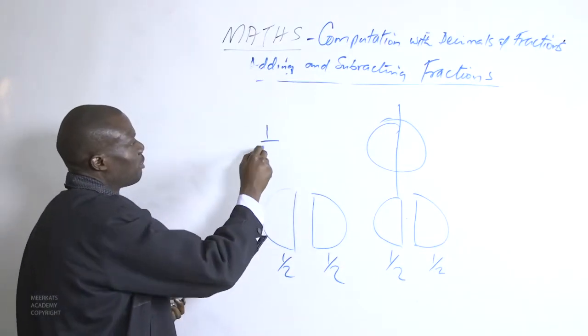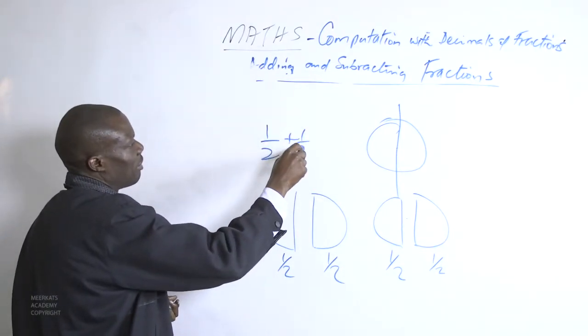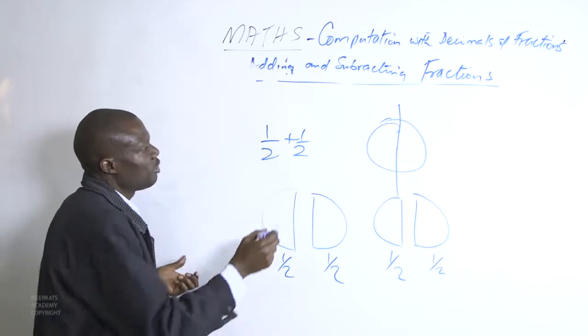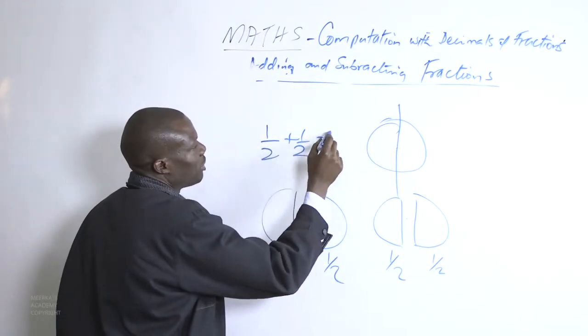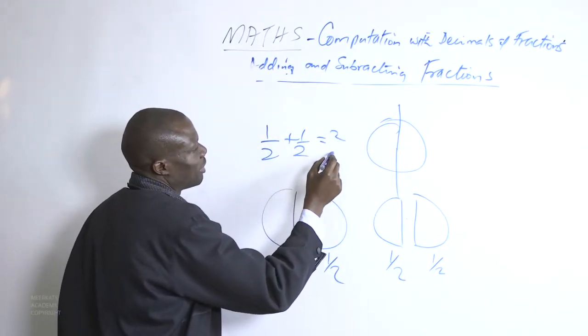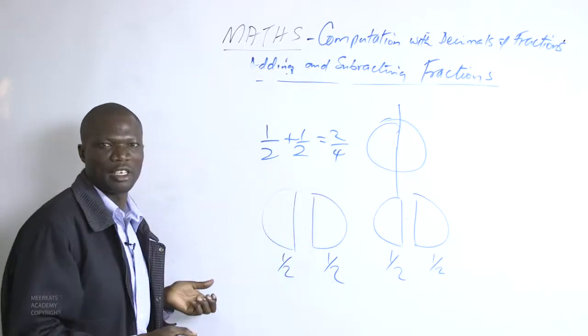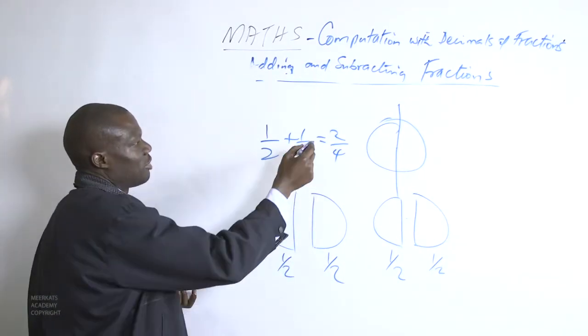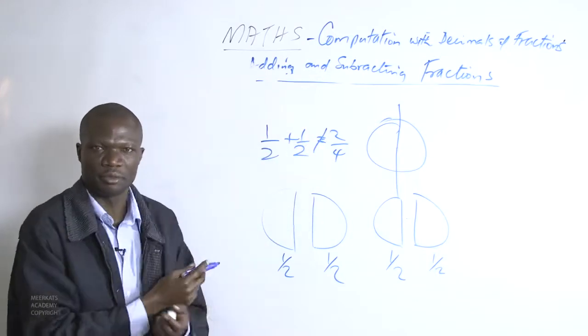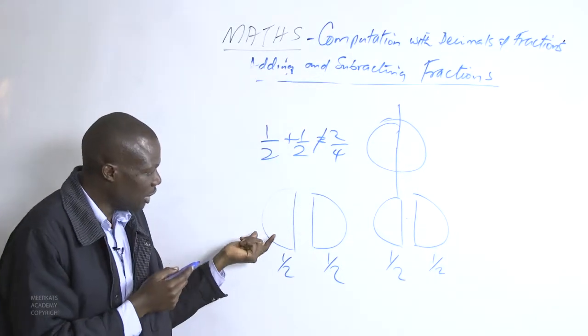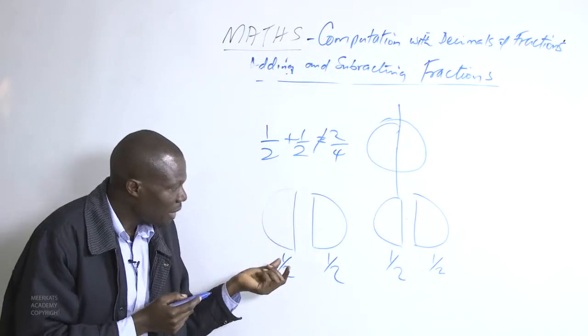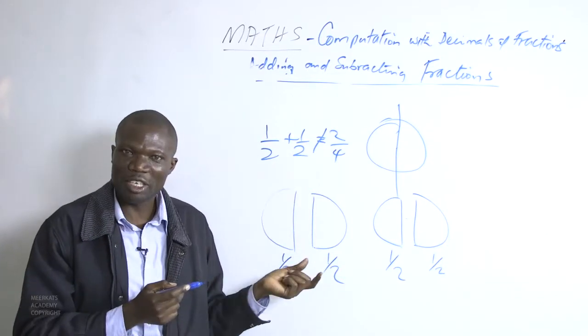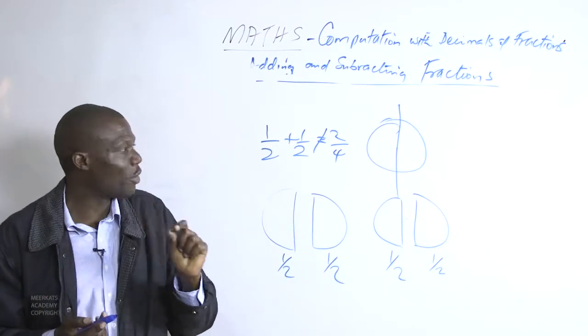It will be a half plus a half. If you add and say this is 1 plus 1 is 2 and 2 plus 2 is 4, this one will be wrong. Why? Because we have seen that a half of one fruit added to a half of another fruit gives us a whole fruit, which is 1.